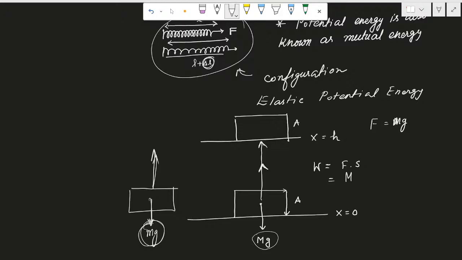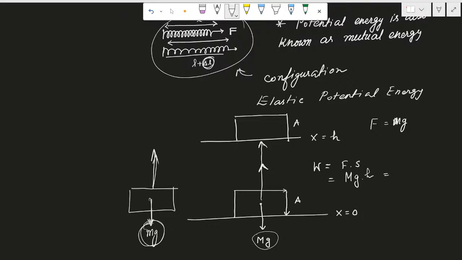Therefore I can say it is mg into s. Now s is here nothing but 0 to h, so it is h. So you get this relation, W is equal to mgh, and you can say this is equal to the potential energy.